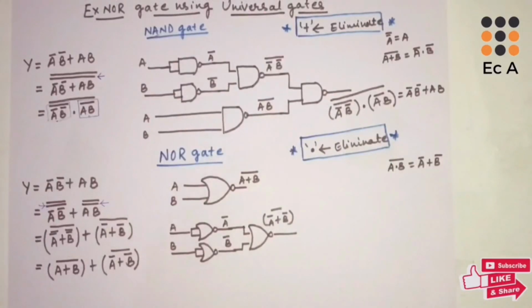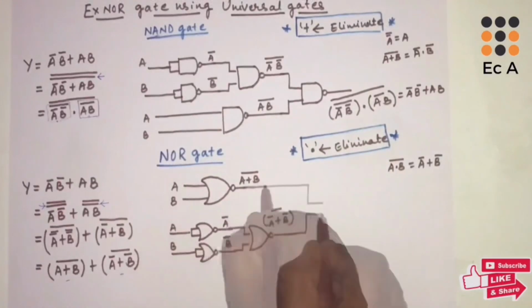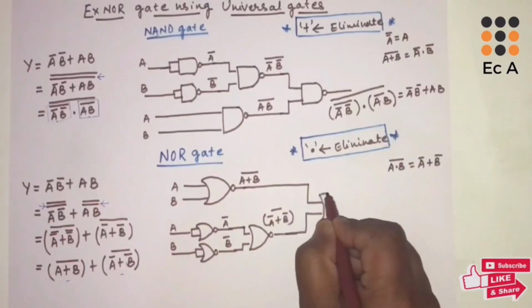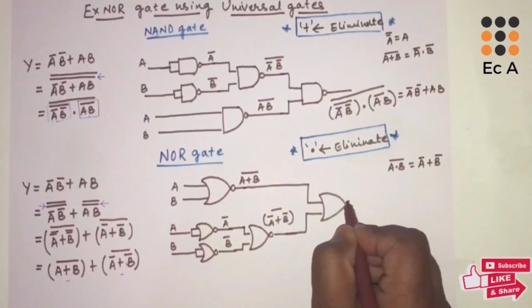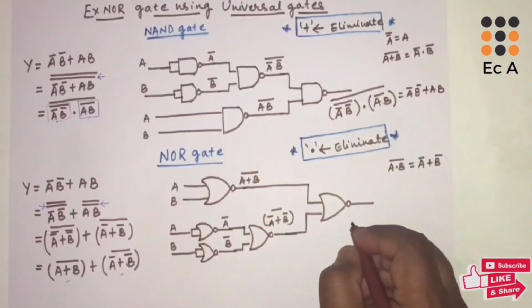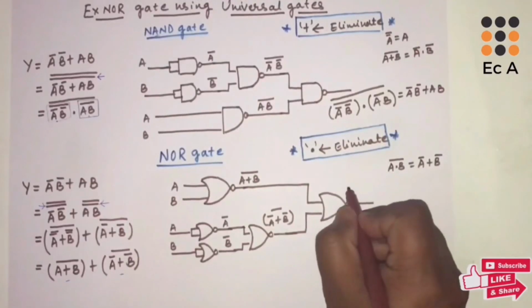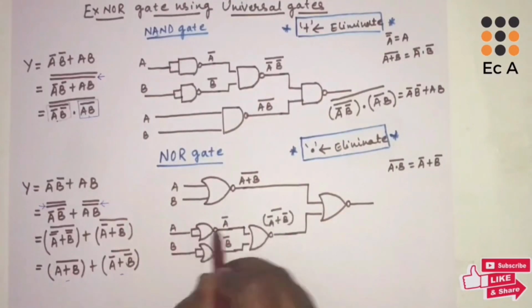Now we have implemented the first term, and we have implemented the second term. In between we have a plus operation, so let us perform a NOR operation for this. Let us implement a NOR gate here. The output of this will be (first term plus second term) whole bar.